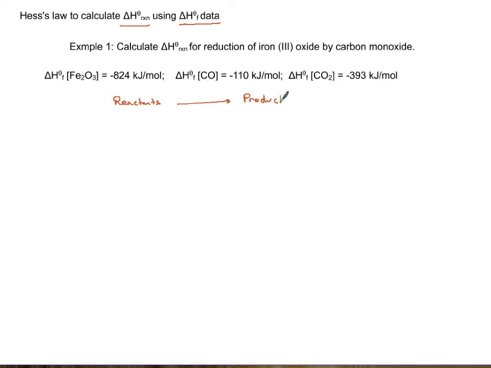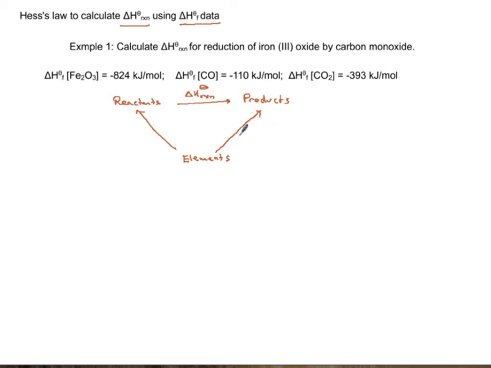and if you're challenged as to what is delta H of reaction when you go from reactants to products, we can use delta H formation, meaning if you have the elements that make up the reactants and products, elements make reactants, the same amount and same elements will make the products.